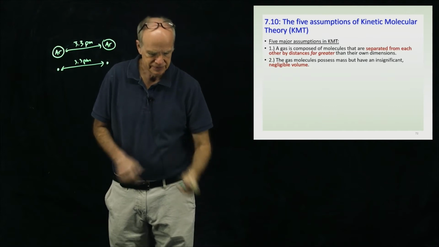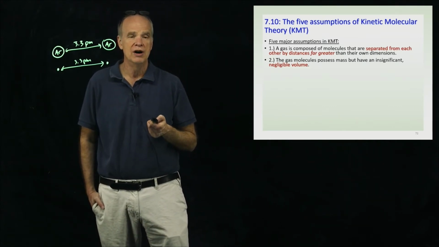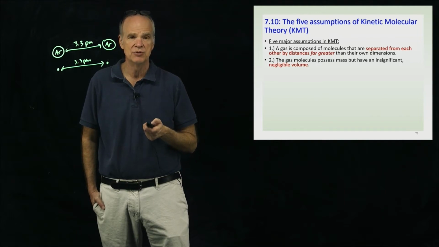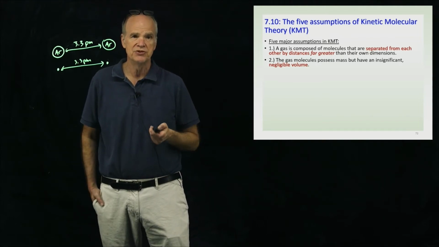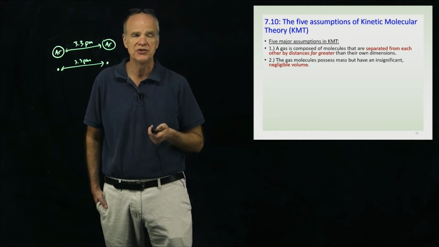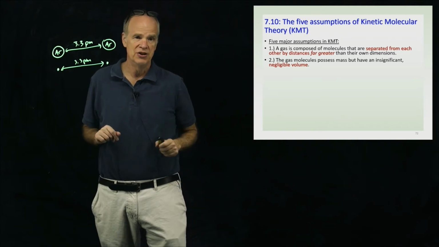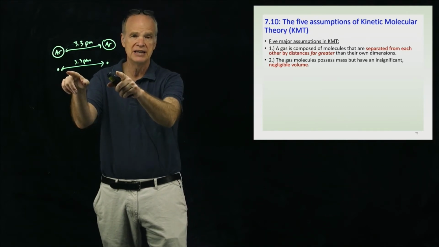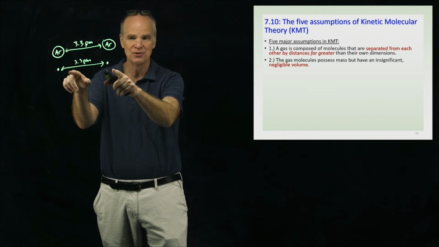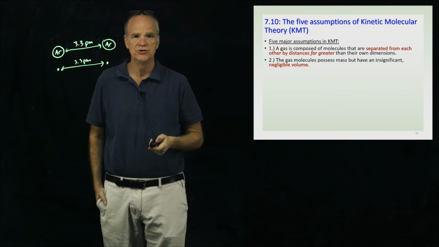Now, this has important implications. One thing that we've noticed about kinetic molecular theory is that it makes predictions that are not perfect, but are close to being perfect. And one of the reasons why kinetic molecular theory is a little bit off in its prediction is because with the theory, we are making an assumption that is not exactly correct, that these molecules don't have a lot of volume to one another.